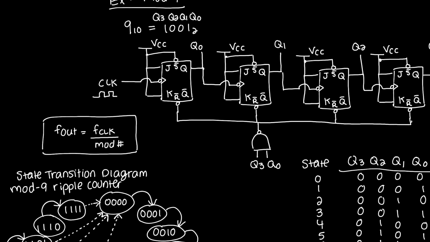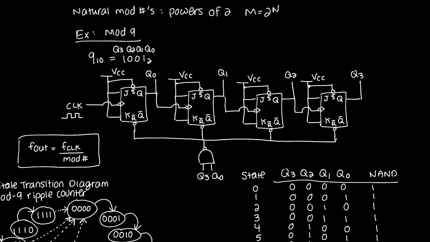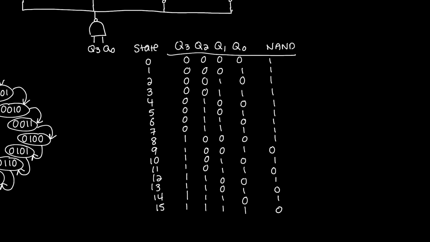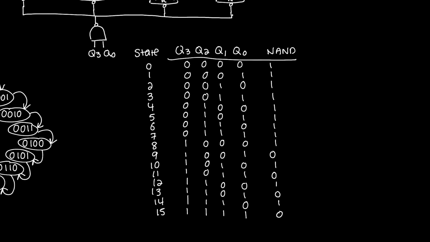And the duty cycle, so again, keep in mind that the duty cycle for a non-natural mod number counter is not going to be 50% necessarily. So actually, you can see that if you write out the count sequence. So in a mod 9 counter, basically, I am over in these first 9 rows from 0 to 8. And I can see that while in fact Q0 does toggle at every clock pulse, and Q1 here does seem to have a 50% duty cycle, right?